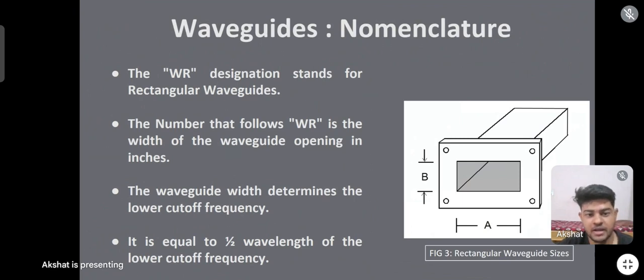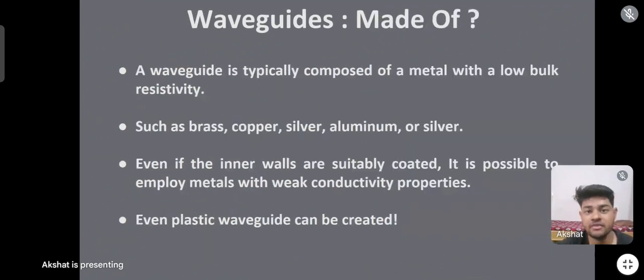So for example, WR 75: 75 is 0.75 of 1 inch, so it will be 0.75 into 25.4 mm, which is 19.05 mm. And the b direction which you're seeing in the figure will be 19.05 divided by 2, which is 9.525.